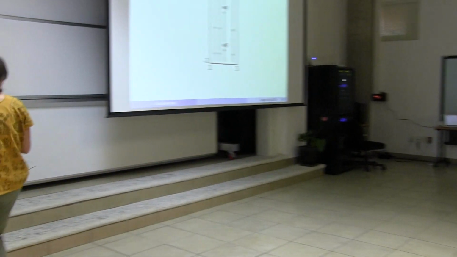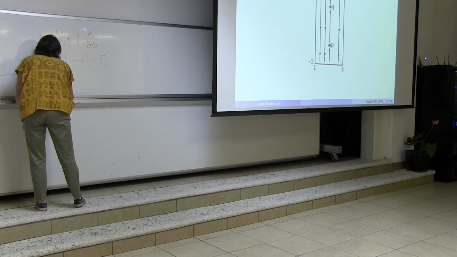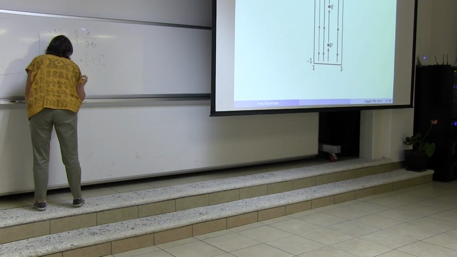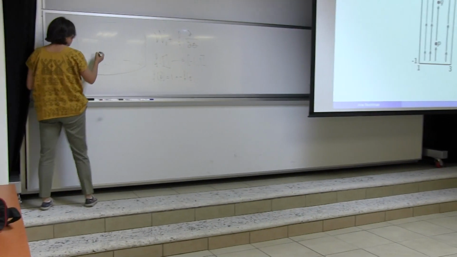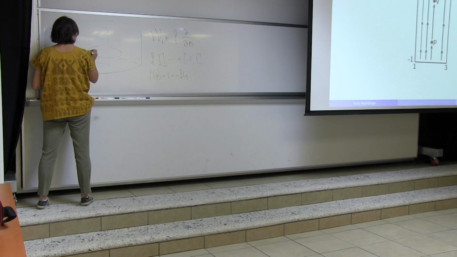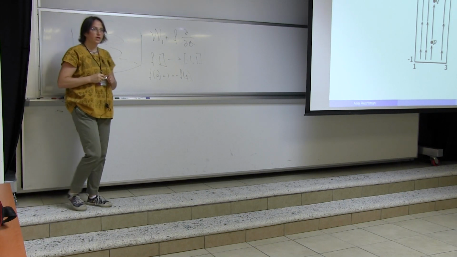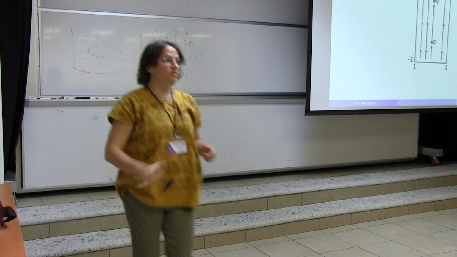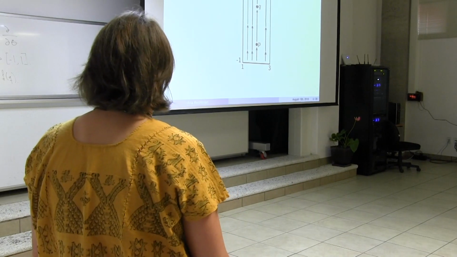So I will ask F of P to be equal to 1 and to be equal to minus F of Q. That means there's a first periodic orbit that goes around in one direction, and a second periodic orbit that goes around in the other direction. I can stop, so just stop me if I'm going fast.